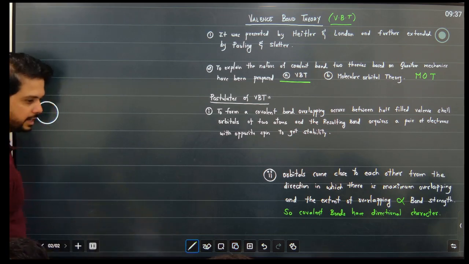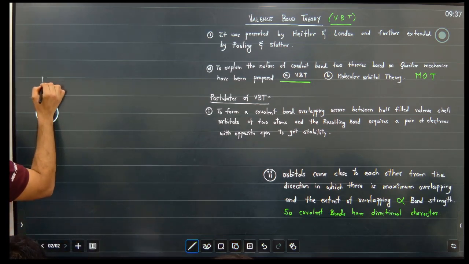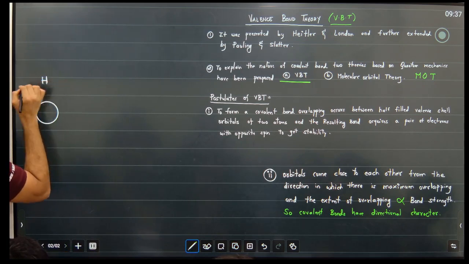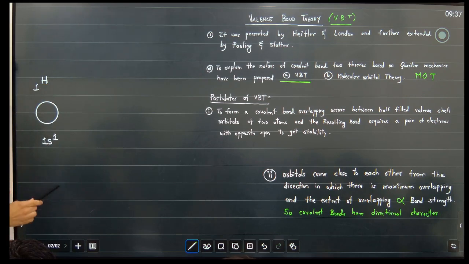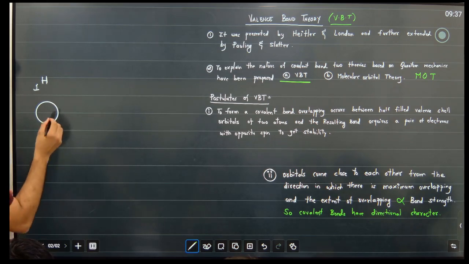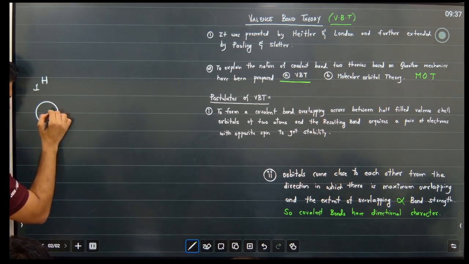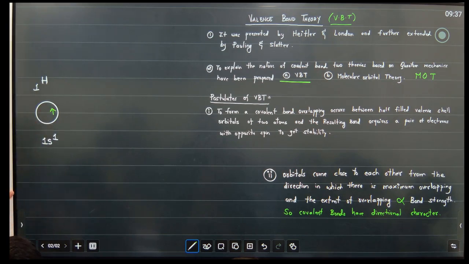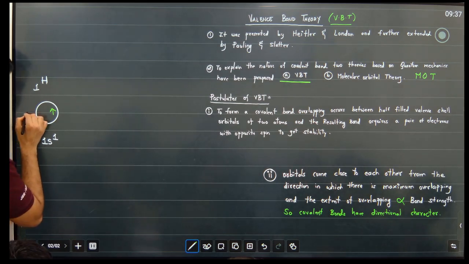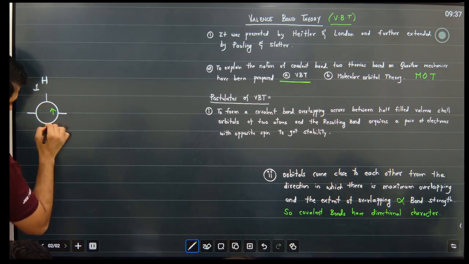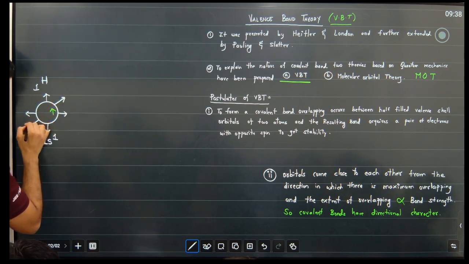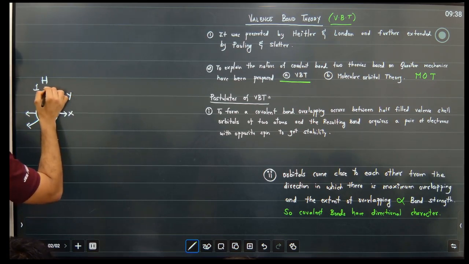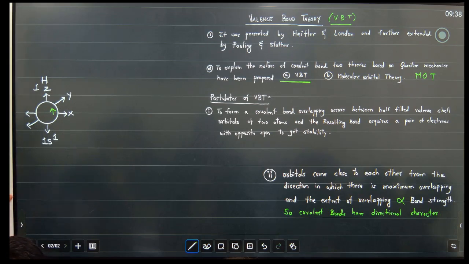So let's say ये एक atomic orbital है for hydrogen atom, atomic number 1, configuration 1s1. तो we know that ये हमारे पास 1s and इस 1s में I will have one electron, let's say with a clockwise spin, and we know that s orbitals are directionless, but let's say this is x axis, y axis और ये आपकी z axis, but s orbitals are directionless, but हमने फिर भी यहाँ पे थोड़ा axis बना के रखा है.